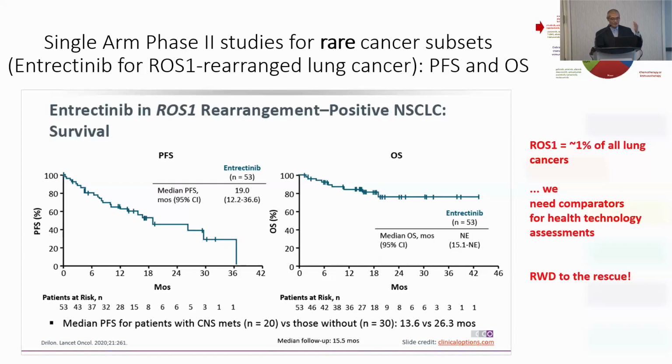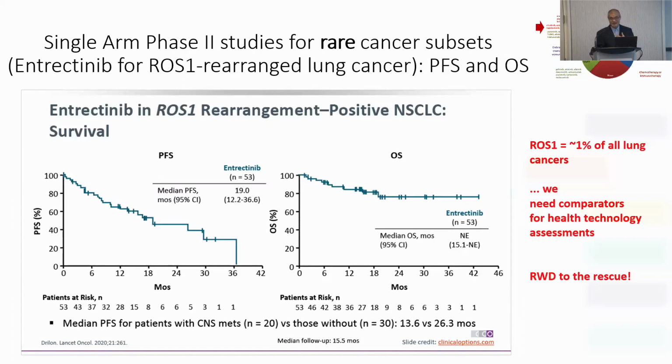And so the entrectinib data all came about not from randomized controlled studies, but from single arm studies. So maybe in the US you can get away with this, but in Canada, we have to determine what the financial benefit is, right? So we have to do an HEOR, a health economics outcomes study in order to determine this. So when you don't have a control arm, you have to kind of, quote unquote, find one along the way.